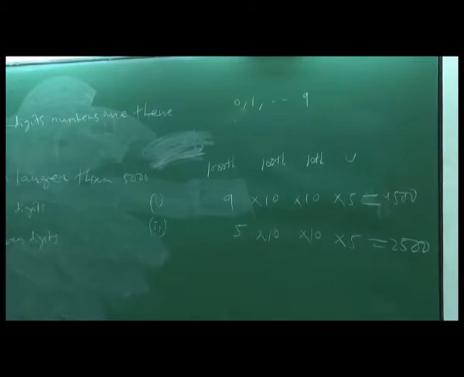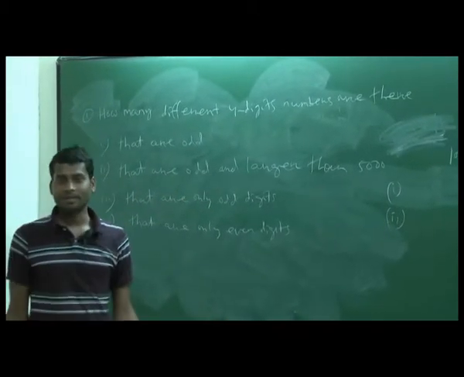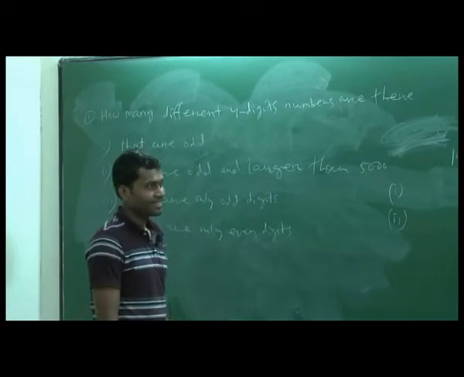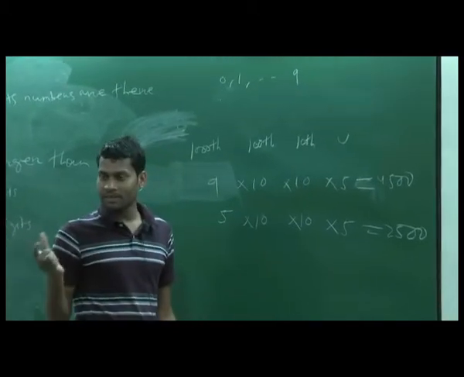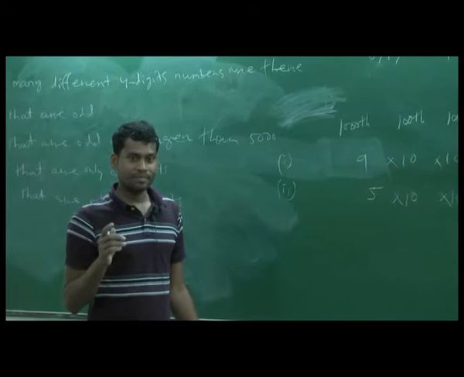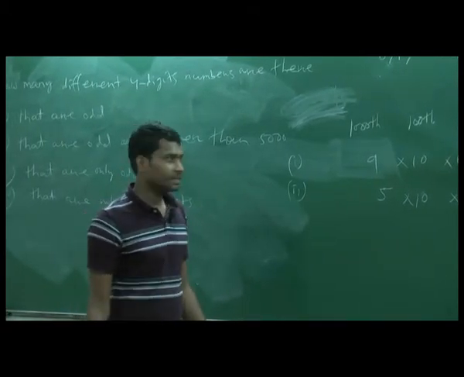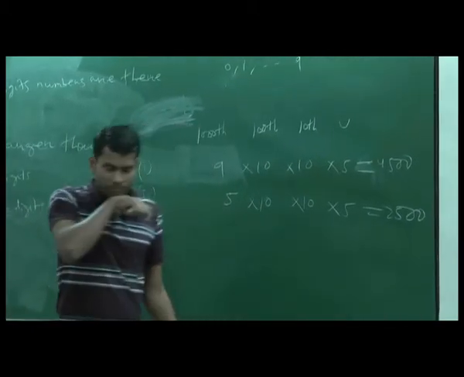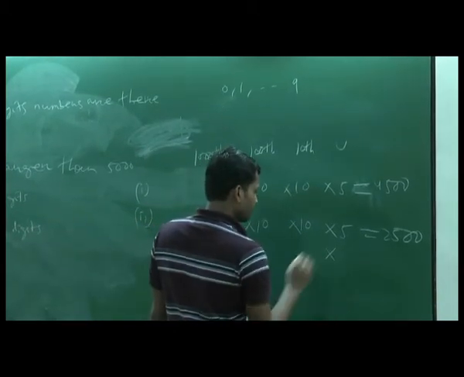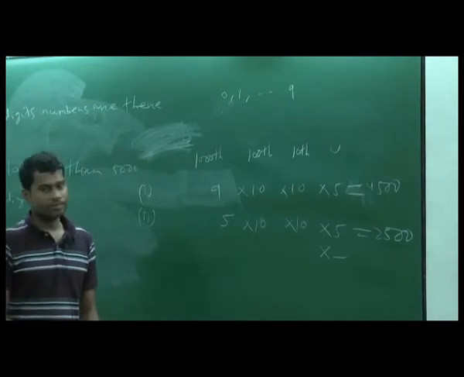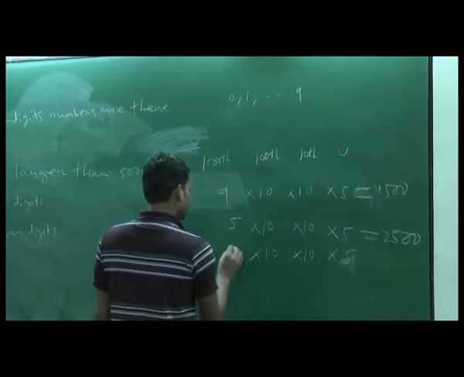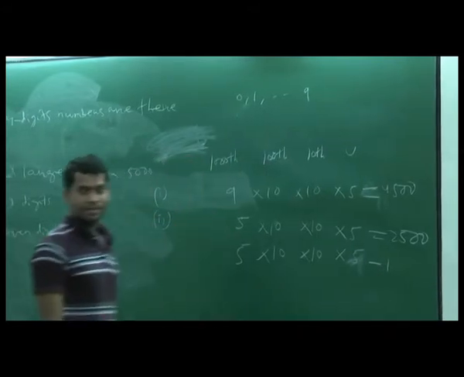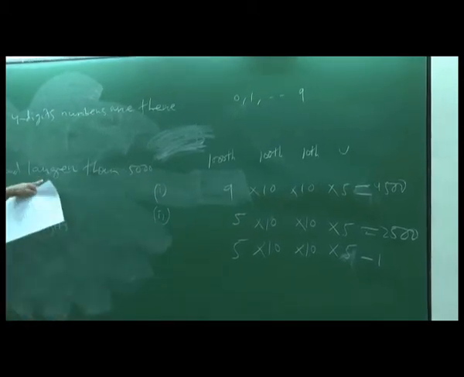But if you make that even digit, there is one catch. Instead of odd and larger than 5,000, if we make it even and larger than 5,000, what will be the case? 5,000 is even, so there are 5 choices in the unit place, 10 ways for the 10s place, 10 ways for the 100s place, and for the 1000s place, 5 ways but minus 1, because one number will come, 5,000, but we are saying larger than 5,000.